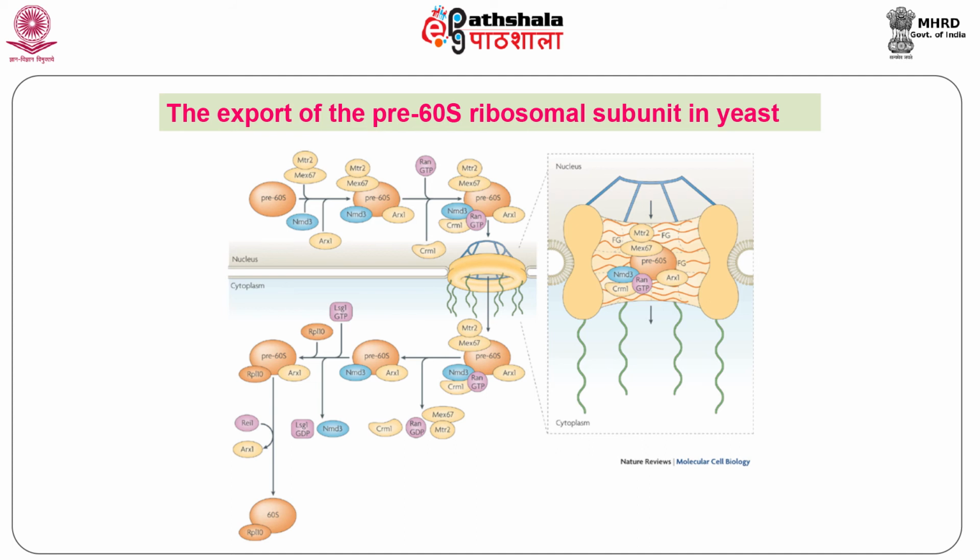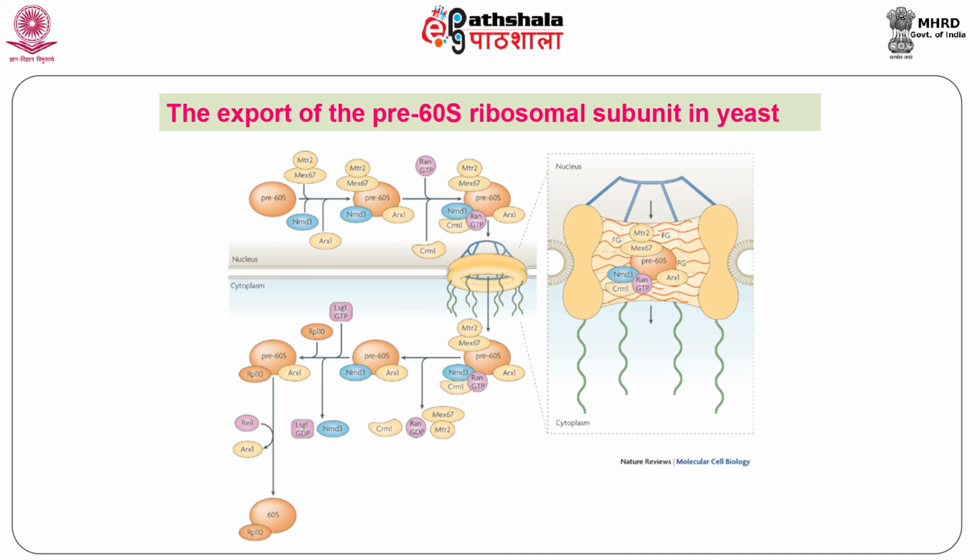After its transport, the export factors are removed from the pre-60S particle in the cytoplasm. Once RAN-GTP hydrolyzes to RAN-GDP, CRM1 dissociates from NMD3. NMD3 is released by LSG1 GTPase and is replaced by the ribosomal protein RP110.